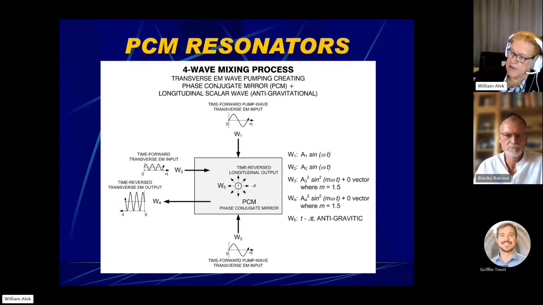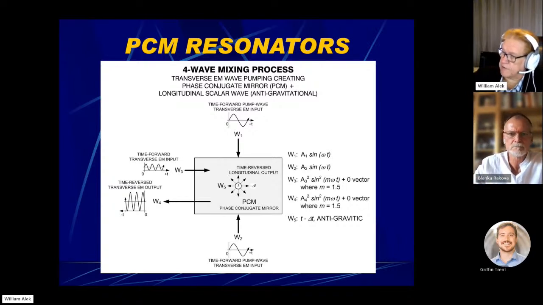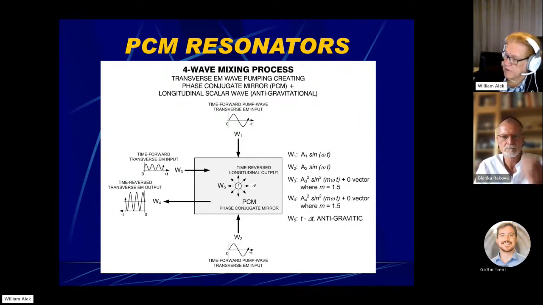On the left side here, with waveforms 3 and 4, you see the time-reversed scalar wave component, the transverse wave function. It's time-reversed, meaning the wave is moving backwards in time, and that's the product of wave 1 and wave 2, which are pump waves.